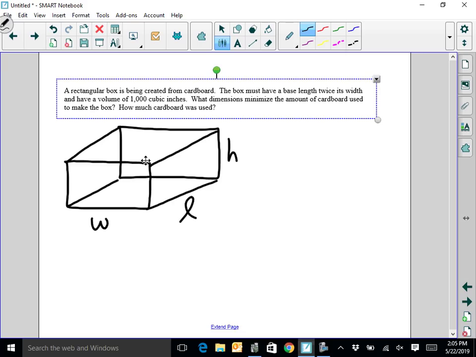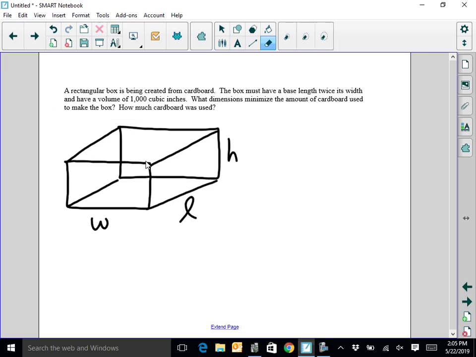Here's what it says. The base length is twice the width. So instead of using L and W, I'm just going to delete that real quick. I know that the length equals twice the width. So I'm going to go ahead and call one of them x and call one of them 2x.